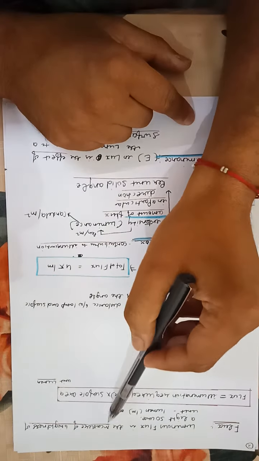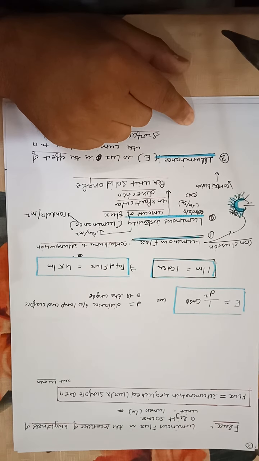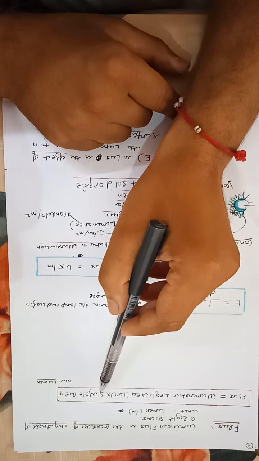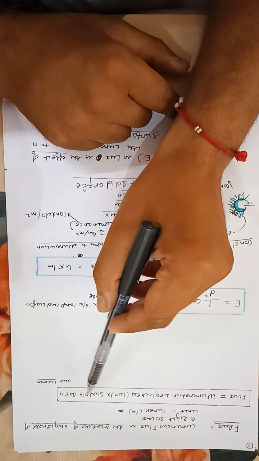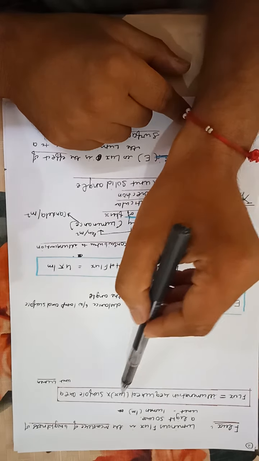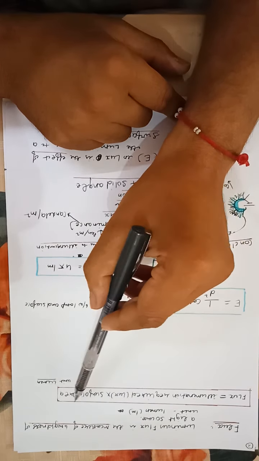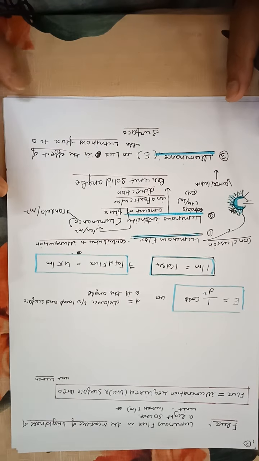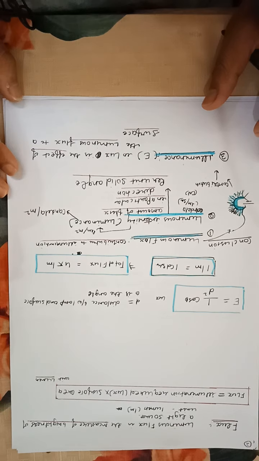We calculate it by surface area: the illumination required is in lux, that is lumen per square meter, so the square meter cancels with the square meter here, and the flux comes out. Flux is in lumen units.